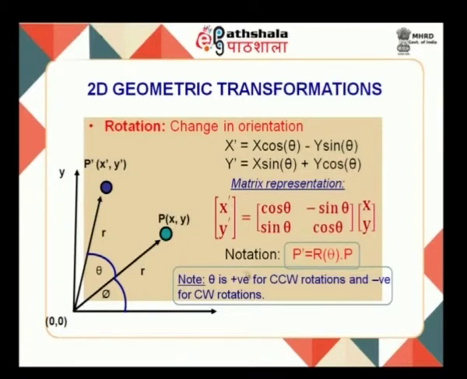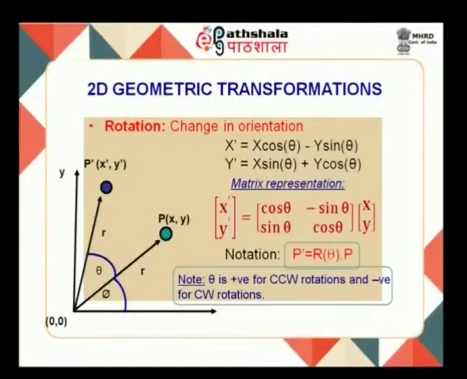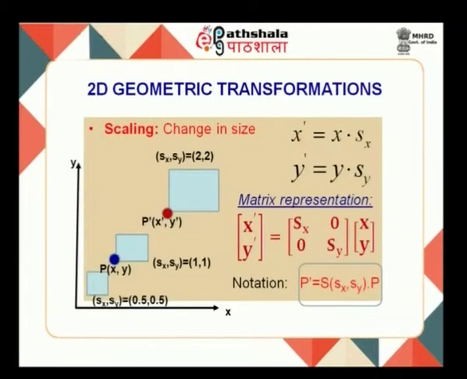Now, as we know from conventions, rotations in counterclockwise direction are positive and rotations in clockwise direction are considered negative. So, whenever you have to perform negative rotations, that is clockwise rotations, you change theta to minus theta. That is how the conventions are.